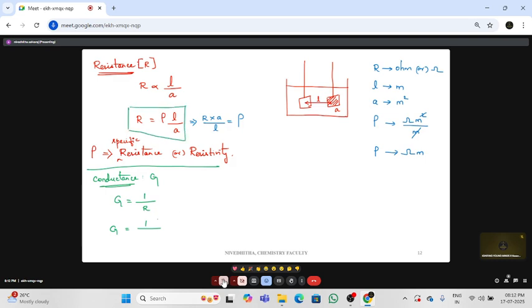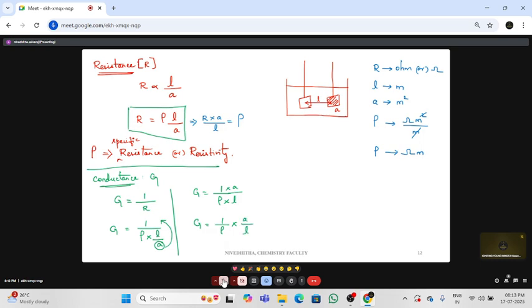Rho L by A. Yes. So 1 divided by rho into L by A. So I'm going to bring the area term to the numerator, because area is in the denominator. So G is equal to 1 by rho into A by L.